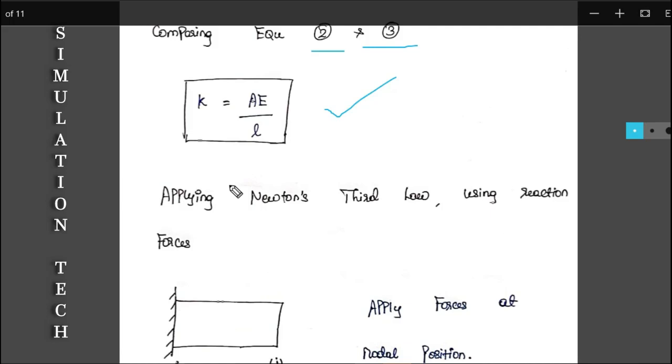That stiffness matrix is converted into simultaneous equations, which are solved to find the unknown variables, and after that we have the solution. That is actually the software's job, right? In a similar way we have to find it here.